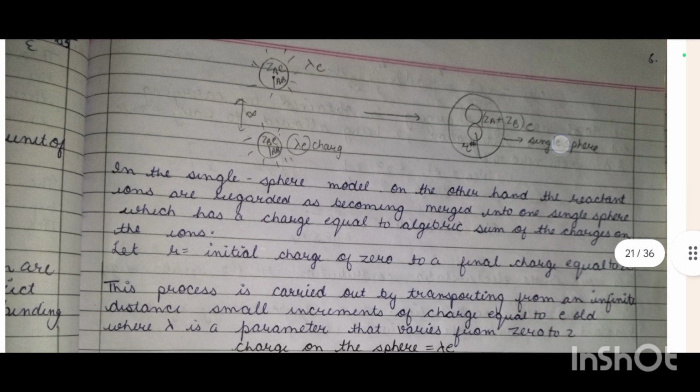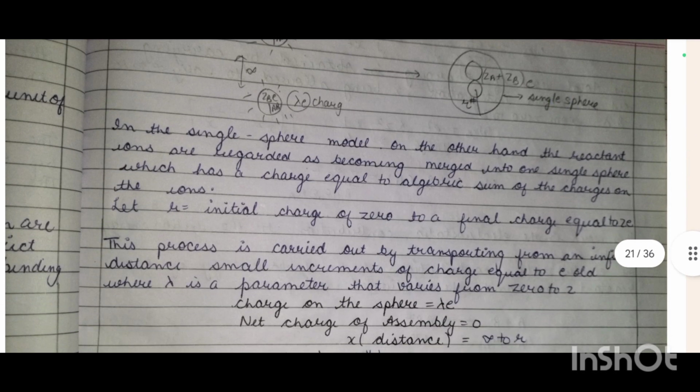In the single sphere model, on the other hand, the reactant ions are regarded as merging into one single sphere which has a charge equal to the algebraic sum of the charges on the ions. Let it be charged from an initial charge of 0 to the final charge equal to ZE.